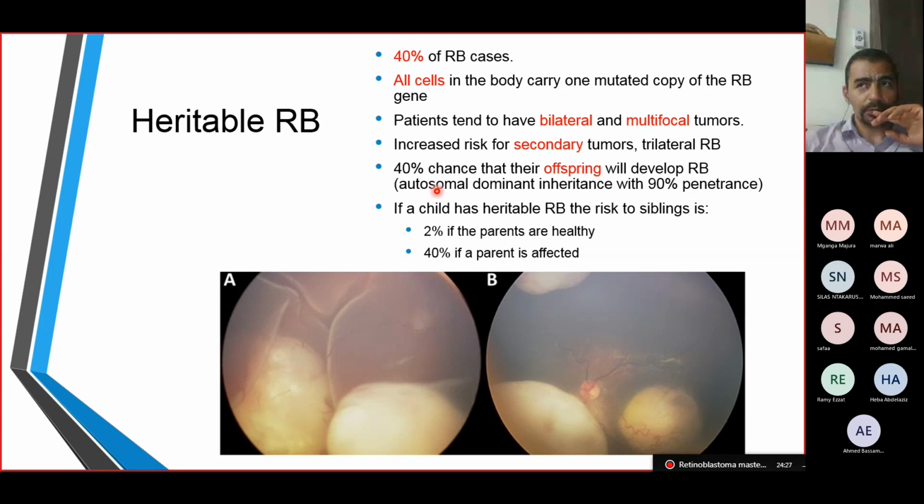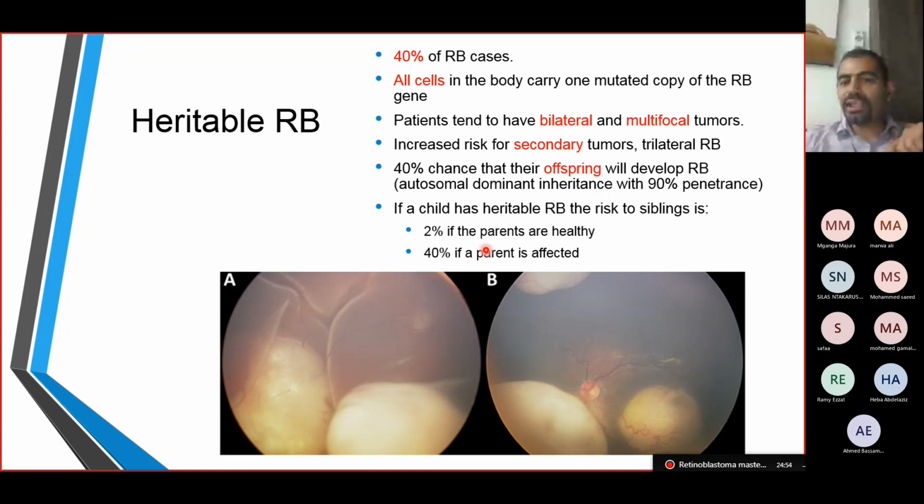Okay? We should realize something very important. The germline mutation doesn't necessarily mean that it's inherited from a parent. The baby during embryogenesis can develop a new mutation. It's not inherited, but it's present in the germline, so it will go to all the cells of the body.